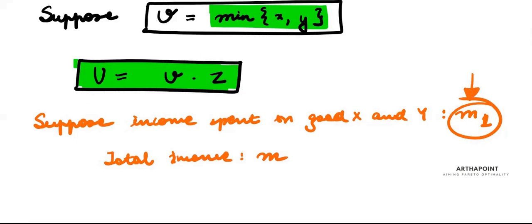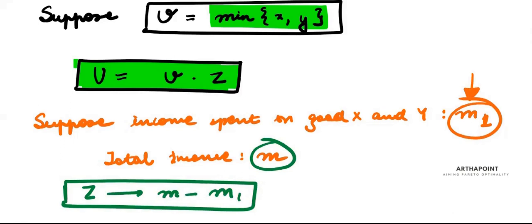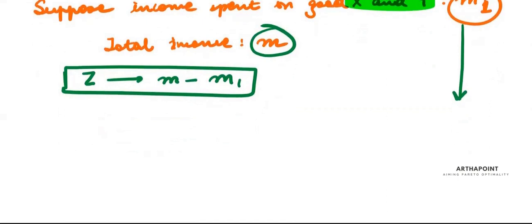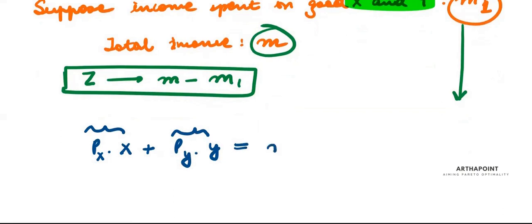And my income really is M. So which means on Z, I am spending my remaining income M minus M1. But let's just focus for a while on this M1. If M1 is what I am spending on good X and Y, I can write a smaller budget saying that the expenditure I do on X plus the expenditure I do on Y is equal to M1. I'm spending M1 on X and Y together.